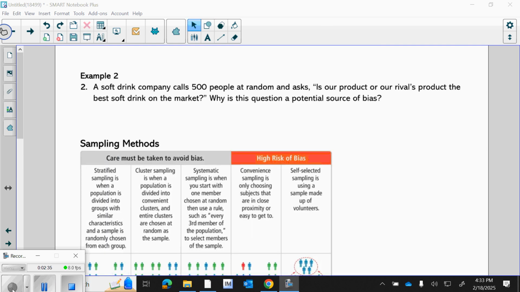If you'll turn your page over and look at example 2, we have this question. A soft drink company calls 500 people at random and asks, is our product or our rival's product the best soft drink on the market? Why is this question a potential source of bias?